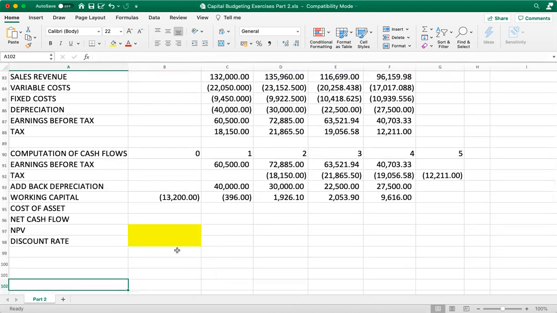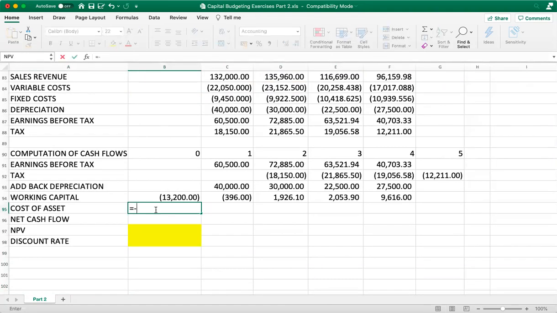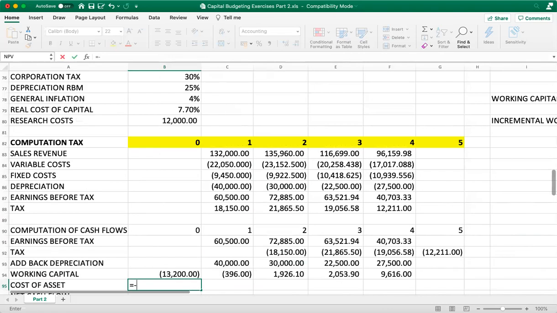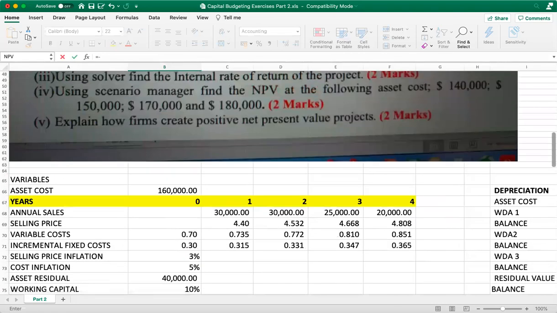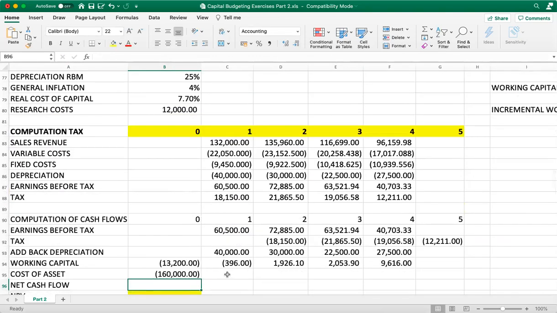Then next, we require the cost of the asset. So equals minus, cost is also a cash outflow. We are paying out for an asset. Then we are also told there will be a residual value, and the residual value comes in year 4.